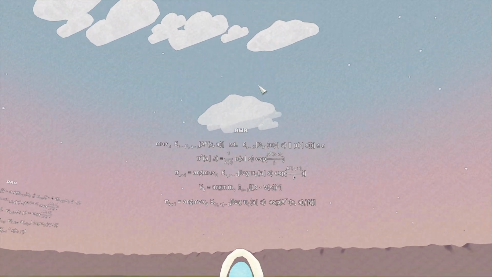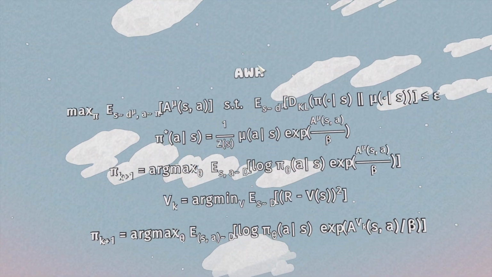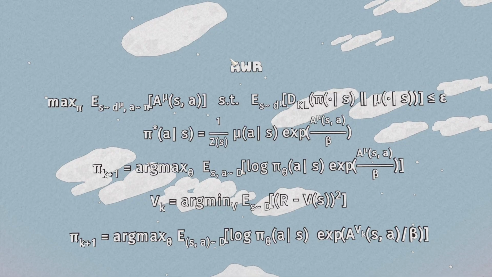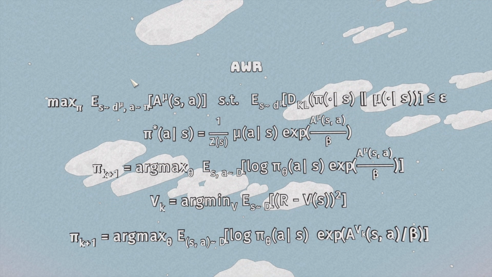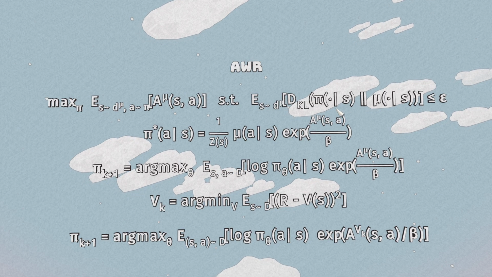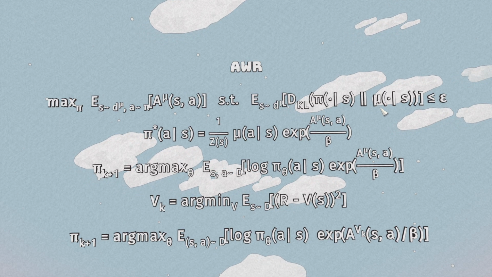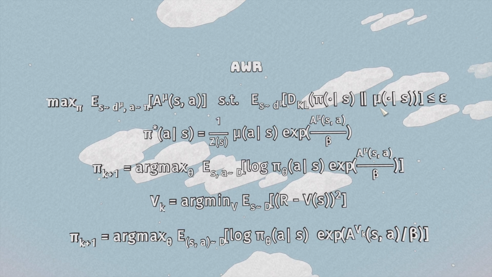Now, AWR, advantage weighted regression, starts from constrained policy search instead of MAP framing. Given a sampling policy mu with discounted state distribution D, we maximize expected advantage subject to a per-state KL trust region back to mu.